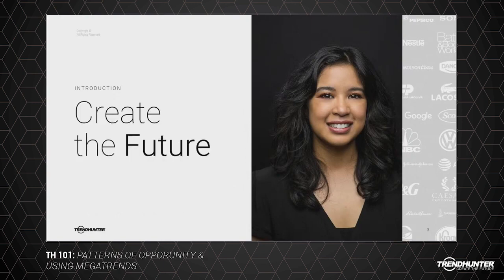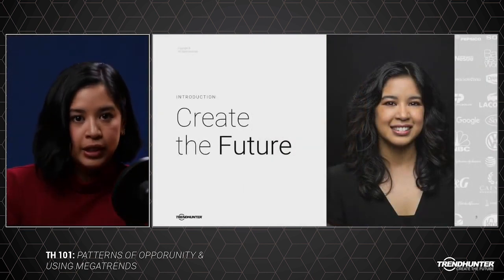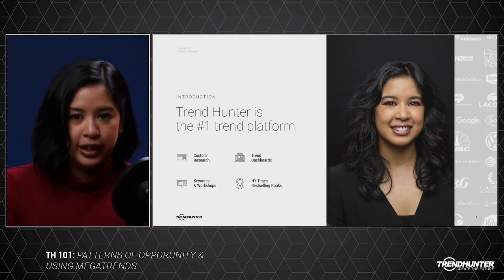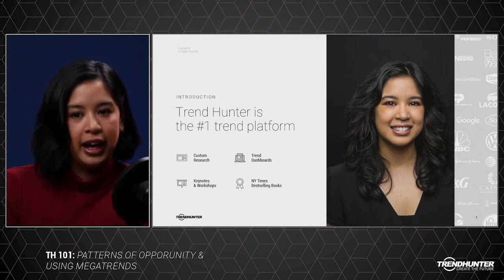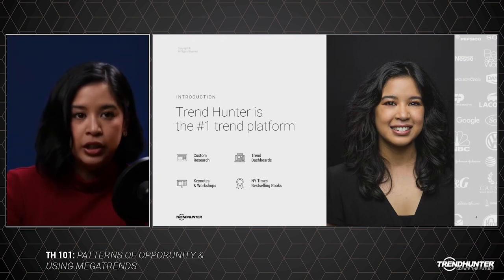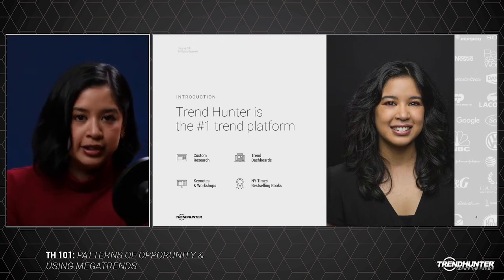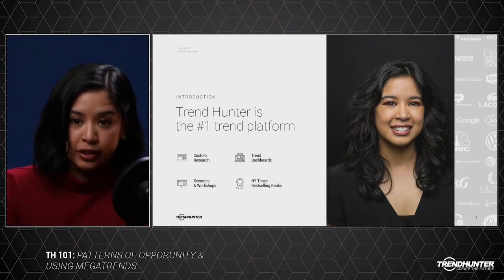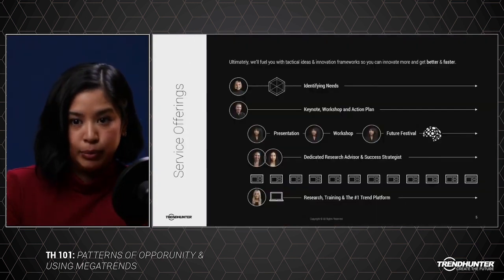Now, Trend Hunter as a whole has the goal of helping our clients create the future. So before we get into that TH101 content, I want to tell you a bit about how we do that. Most importantly, behind all of our services, we have our #1 trend platform, our online magazine, trendhunter.com, which essentially fuels all of the trend products you may have heard of, from our custom research reports to our trend dashboard, our keynotes and workshops like the ones I oversee, and of course, our CEO Jeremy's New York Times best-selling books.